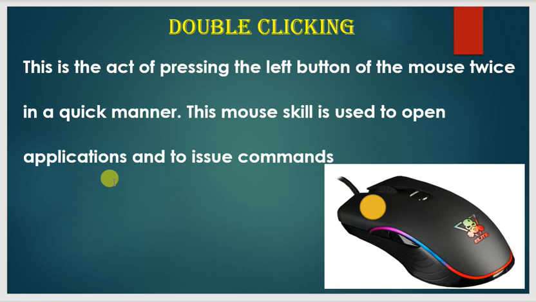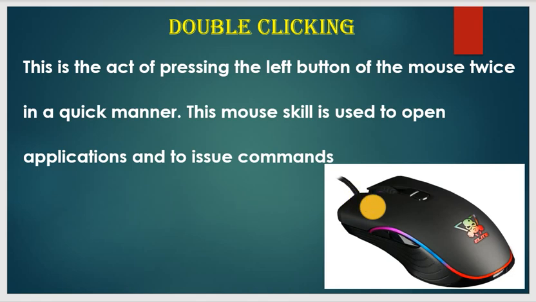And this mouse skill is used to open applications and to issue commands. So most of the time, if you want to open a program icon on the desktop, you normally press the left button twice for that application to open. With the left button, if you press it 2 times in a fast manner, you refer to that as double clicking.